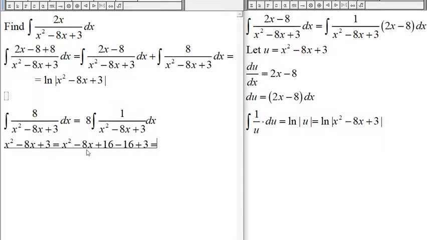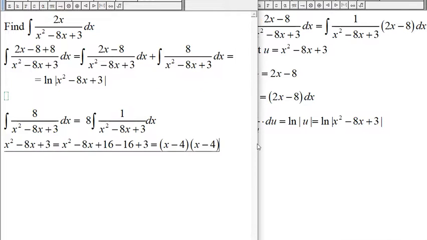And then x squared minus 8x plus 16 factors as x minus 4 and x minus 4. And minus 16 plus 3 is minus 13.